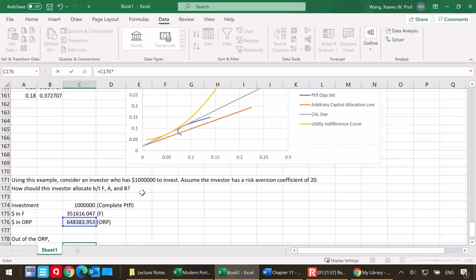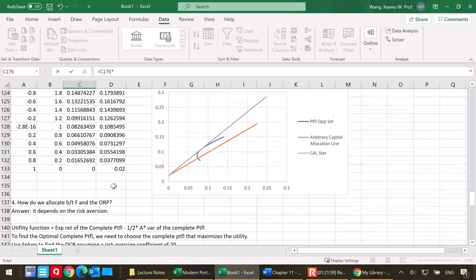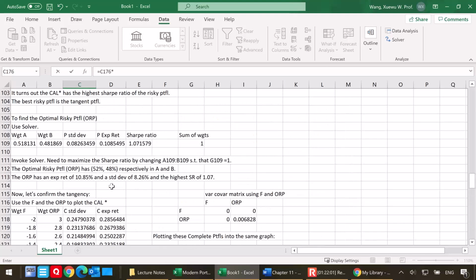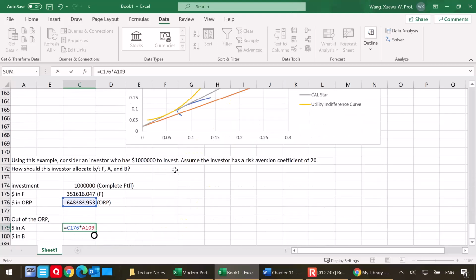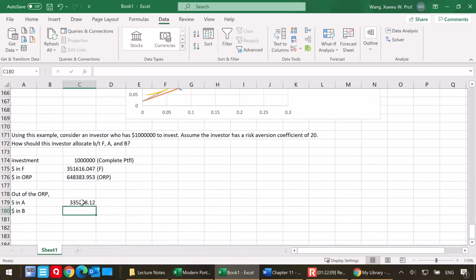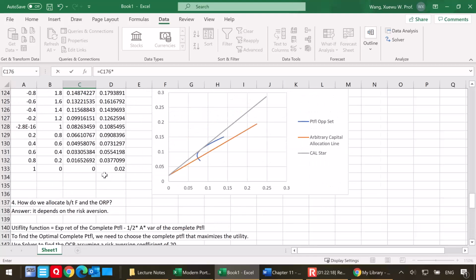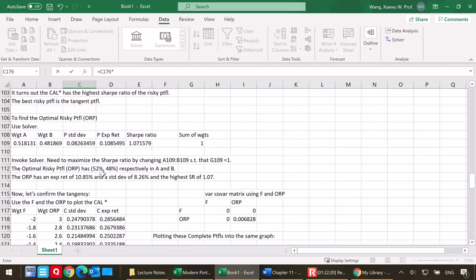And I know that if I have these two stocks, A and B, to invest, then the optimal risky portfolio has a weight of 52% in A. All right, so I'm just going to multiply that number by 52%. And the investment in B is going to be whatever I have for the ORP times the weight on B in the ORP. And that's the number here.